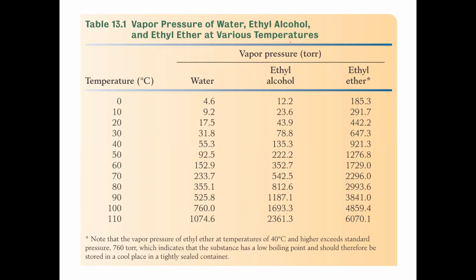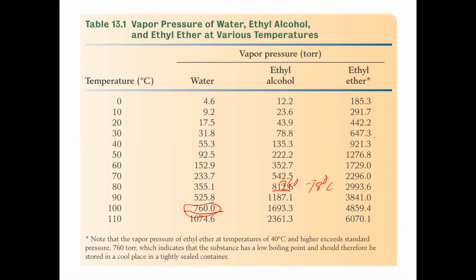Here is the vapor pressure of water, ethanol, and others at various temperatures. Again, this is the example that was dealt with before, and this is water in this state here. So for ethyl alcohol, the vapor pressure in torr, 760 is right there. So basically ethyl alcohol, that's 78 degrees Celsius, is where it will boil.